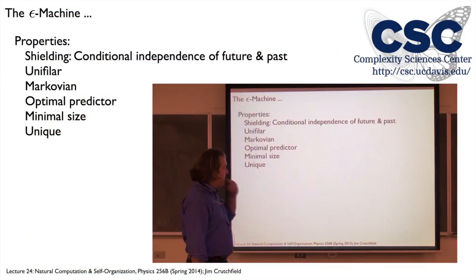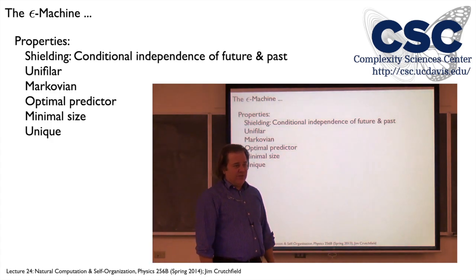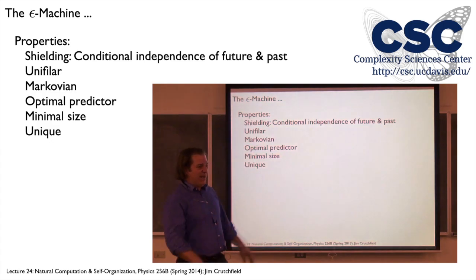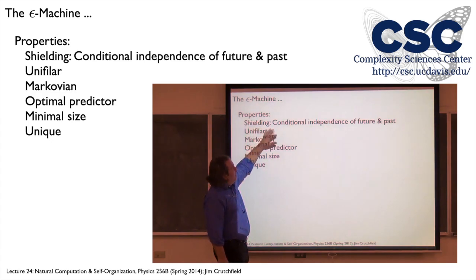Okay, but really the main goal is to establish a number of properties, at the end of which you're supposed to go, oh, I see why we should do this, as opposed to all my hand-wavy motivations before. So we're going to talk about causal shielding, how the causal states actually render the observed past and future conditionally independent.